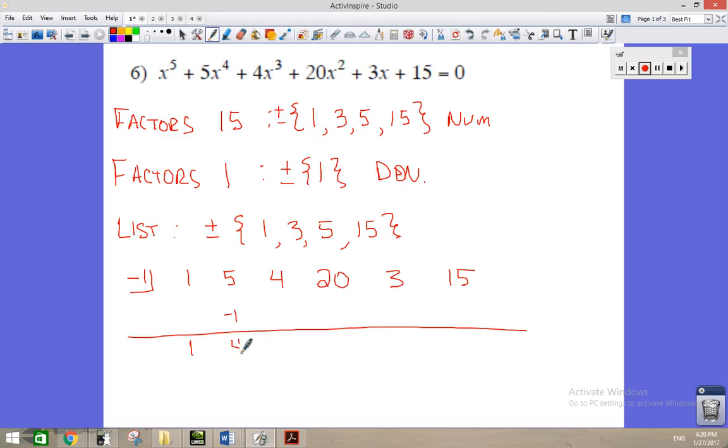Now, I am trying not to make any errors, because that's not going to help you to watch me make a lot of mistakes. So definitely this is not 0. Since I threw out positive 1 and now I'm throwing out negative 1, I know that's off the list. So let's check negative 3.